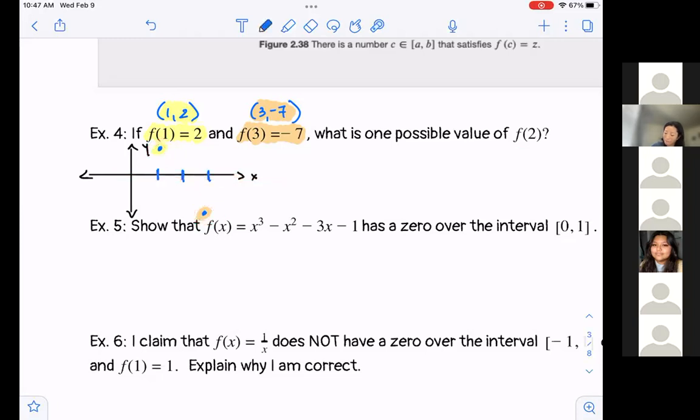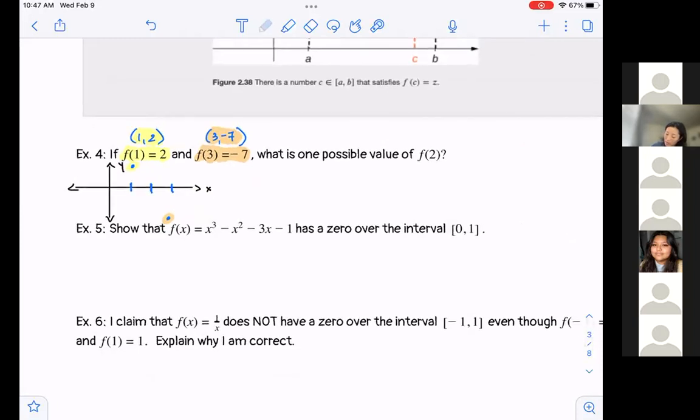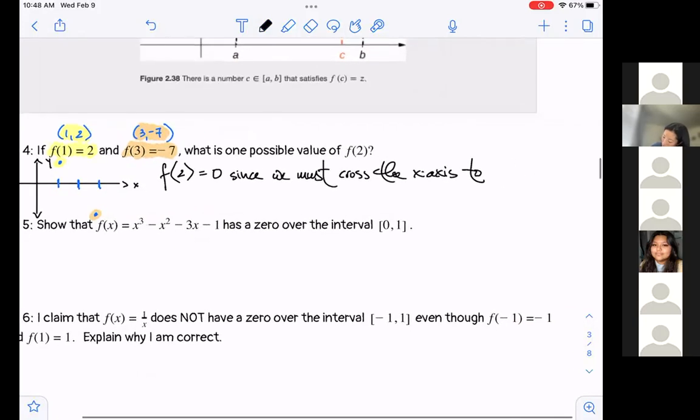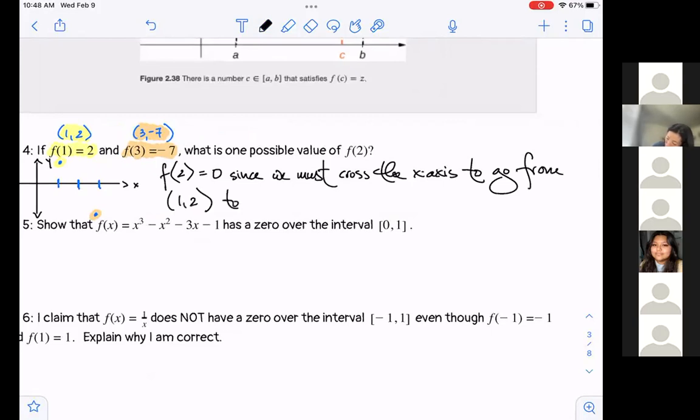And so we could say something like this: f of 2 could equal 0 since we must cross the x-axis to go from (1, 2) to (3, -7).